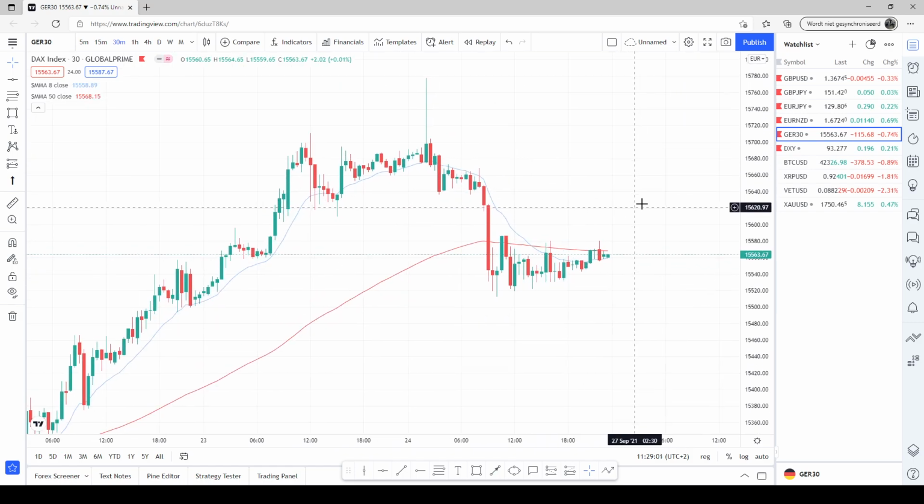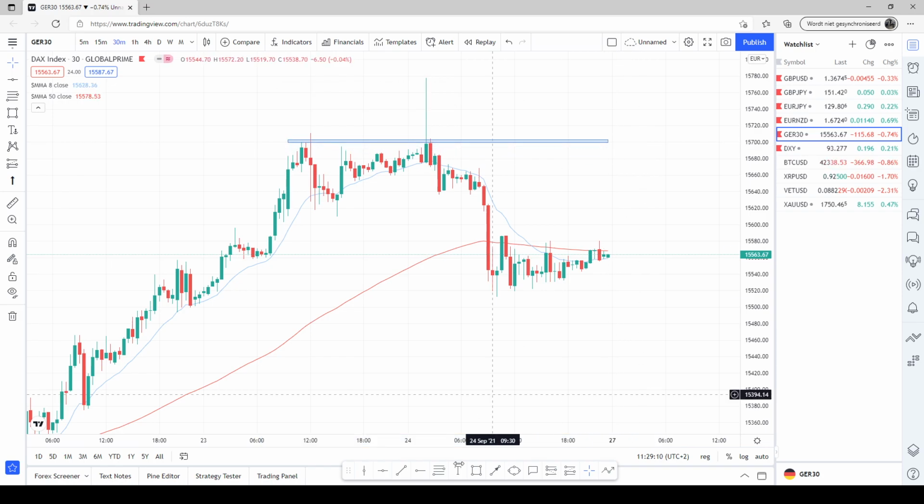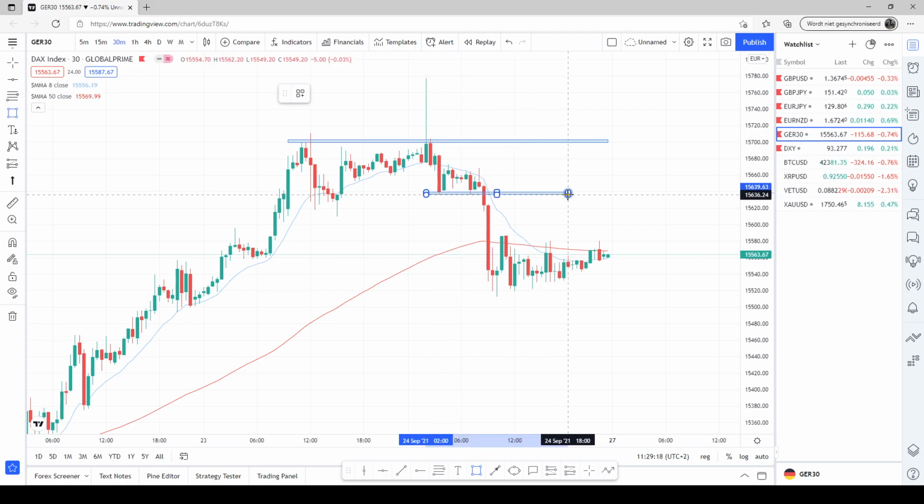So last Friday, I had this zone marked up over here. And let me see, what was it? Yeah, this area over here. Because of this support zone created and this rejection.